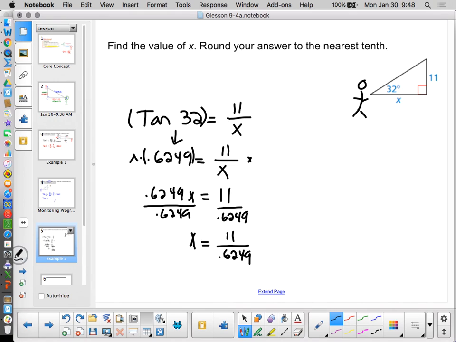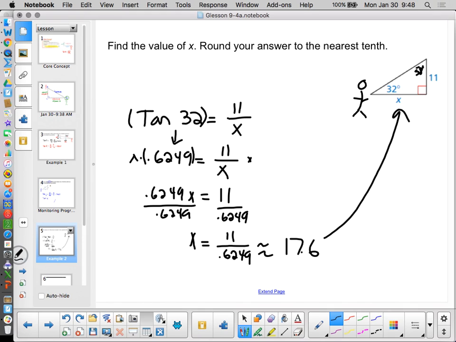And usually we'll take these lengths to the nearest tenth. So my unknown side here is 17.6. Last thing I ask myself, does that make sense? Well, if this is 90 and this is 32, this must be 58 degrees. Triangles add up to 180.